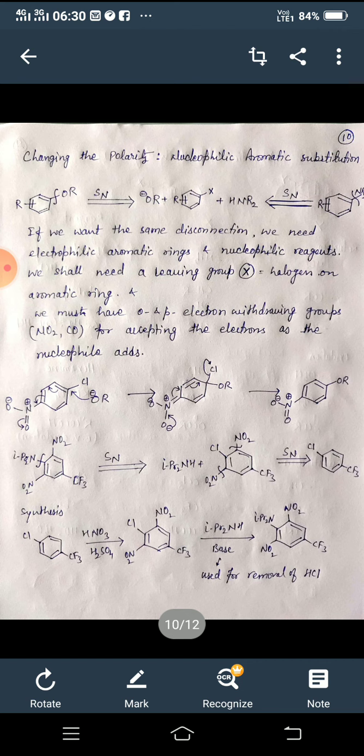So first we disconnect this target molecule by CN bond, then we'll get the isopropylamine and this benzene ring, and after CN again NO2 this CN bond disconnect with the nucleophilic substitution reaction, then we'll get this starting material.